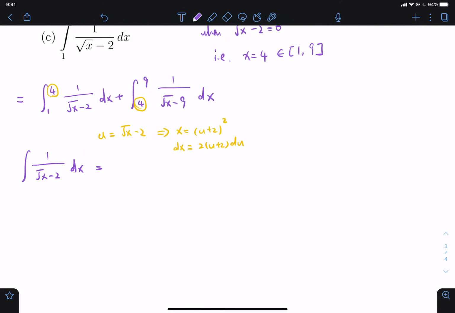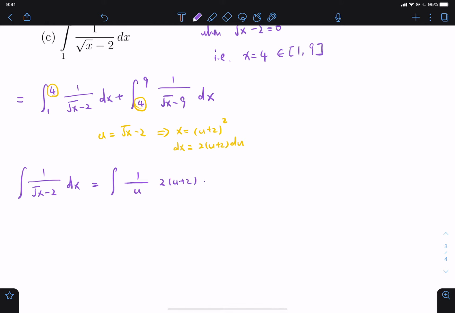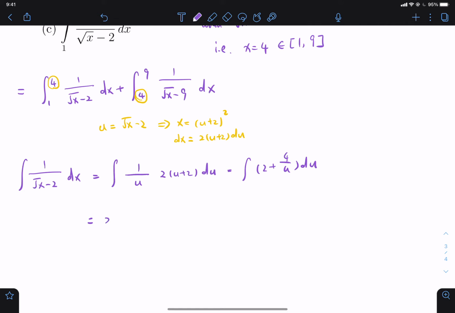So that becomes, on top, we have u here, 1 over u, right? Dx is 2 times u plus 2 du, right? And this is very simple, just 2 plus 4 divided by u du, which is 2u plus 4 times ln of u plus c.